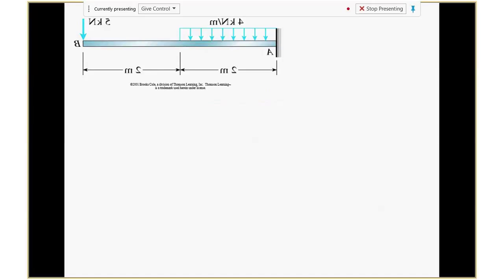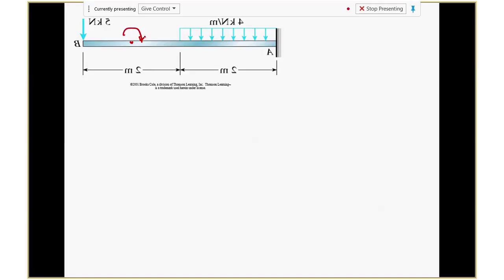Everything is backward, but we'll just draw it there. The reason I want to change it this way is that we can start using it immediately. I want to make it a little bit more complicated. Let's say here we have another moment. Which way, clockwise or counterclockwise? Clockwise? Okay, let's say clockwise, so that's this way.